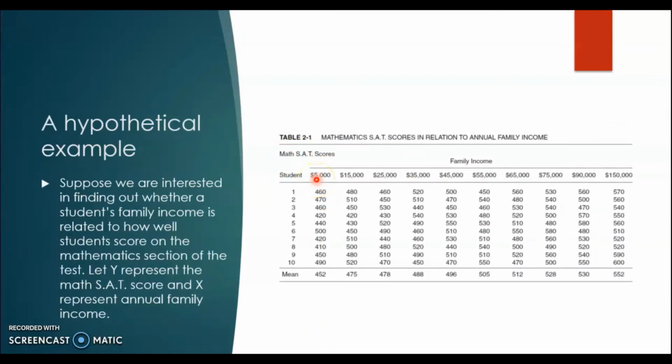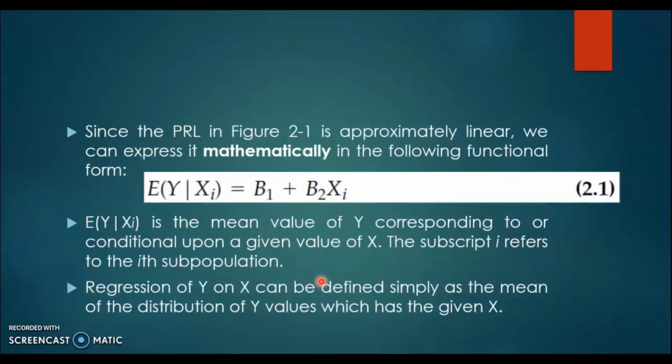So if X is equal to 5,000, then Y is equal to 452. So this is represented in this equation. When X is equal to 5,000, Y is equal to 452. Y represents the mean value of Y, or the average value of the dependent variable, which is the math SAT score.